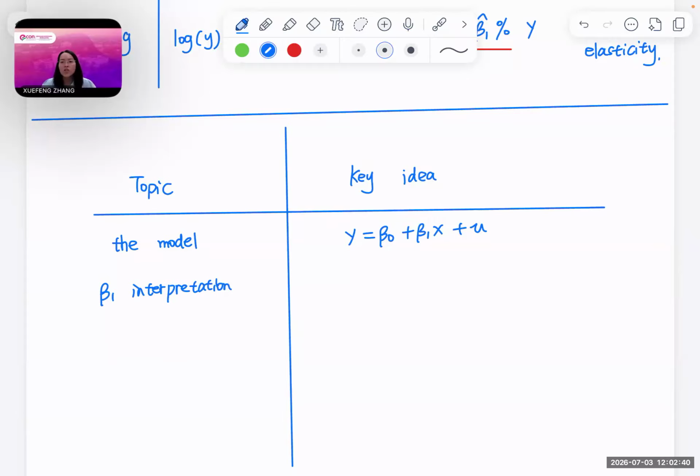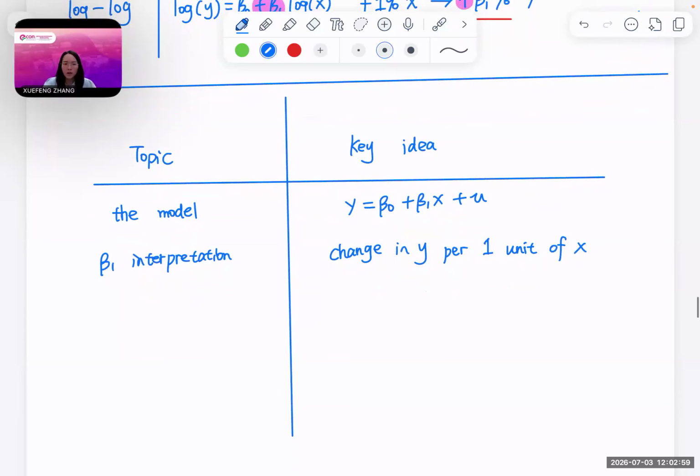It means change in y per 1 unit of x, okay? Next one, we talked a lot about the error term, mu.